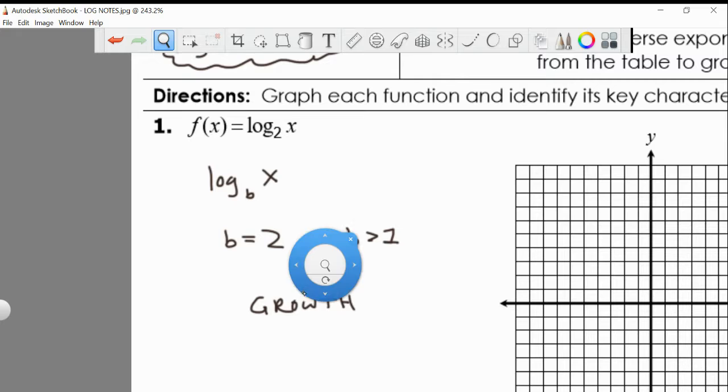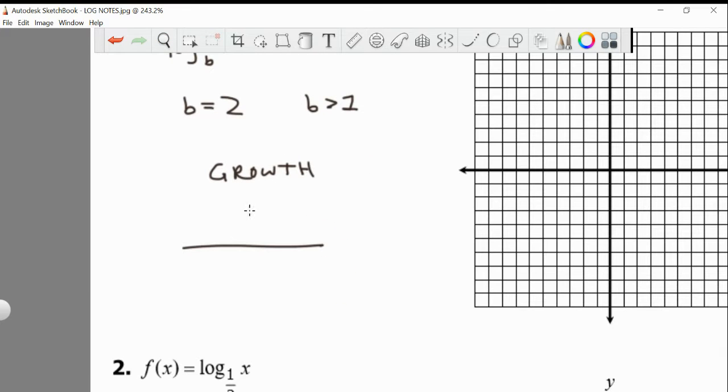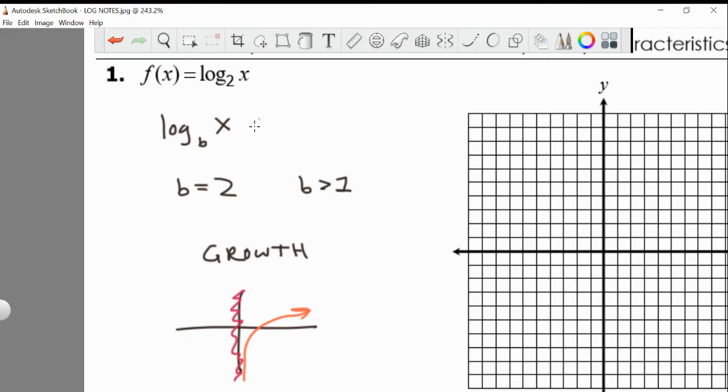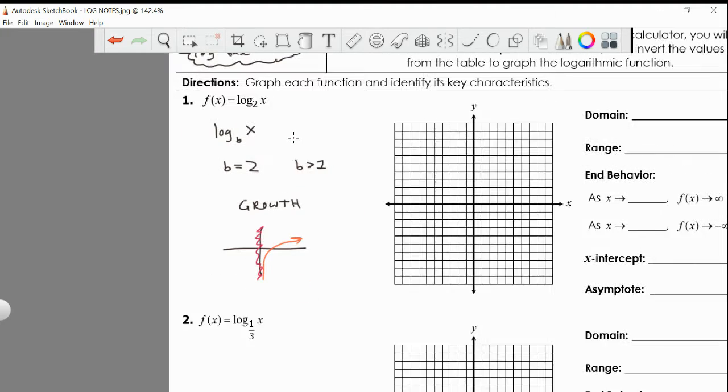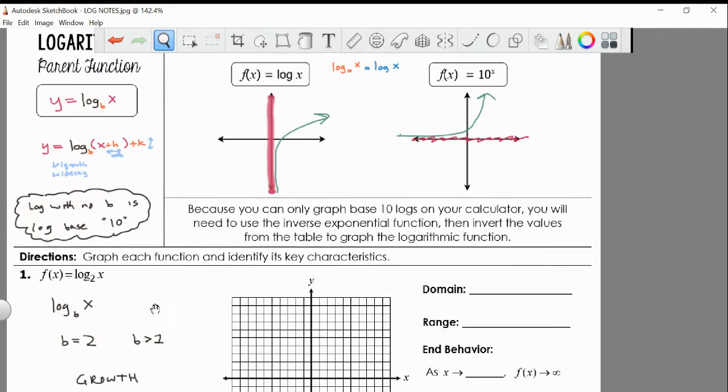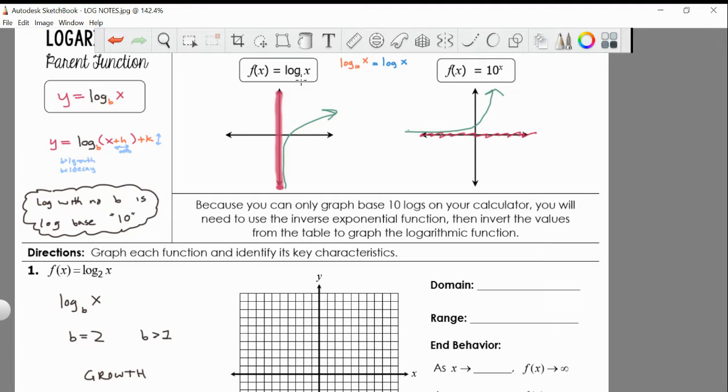Now, it's a log growth graph, so I'll sketch it and then we'll draw it over there. It should look like this. Standard growth graph. We don't have any h's, we don't have any k's, we just have pretty much the regular old growth graph. Now, how is the log base 10, because this is a 10, different from the log base 2?